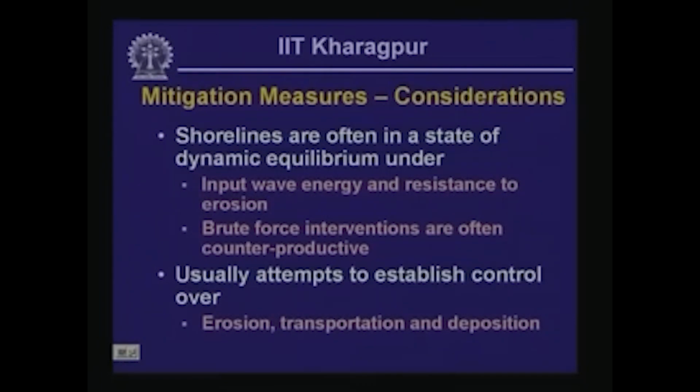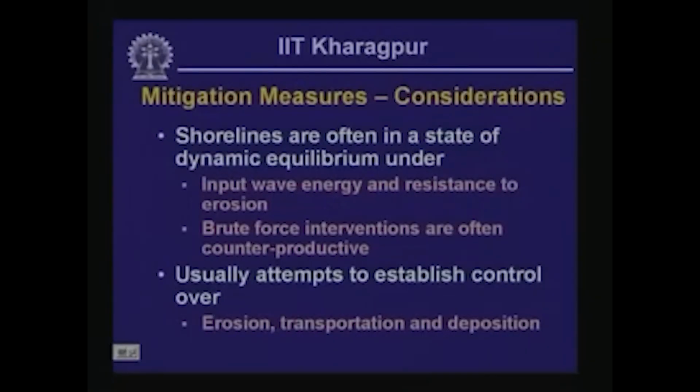So what it means is that if you alter the balance between the input energy and the resistance to erosion, the system is going to try to regain the balance by some means, and if you disturb the balance by too much, then the detrimental effect of that unbalanced situation is going to be visible at some location, maybe other than the location where the mitigation measure is undertaken.